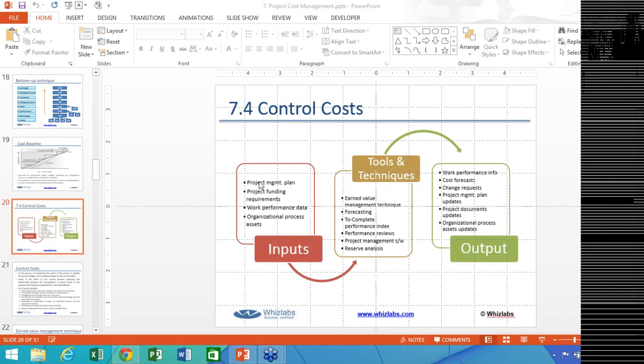And also, while we are controlling the cost, we also do the variance analysis. A variance analysis is nothing but a comparative study done between what we actually planned in the beginning and what are the facts on the ground, or rather, we can also say that we compare the plan with the actual picture on the ground.